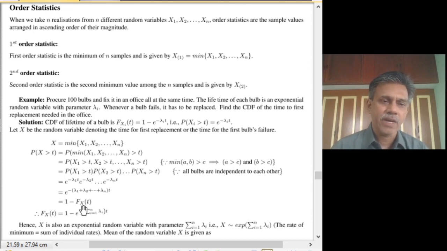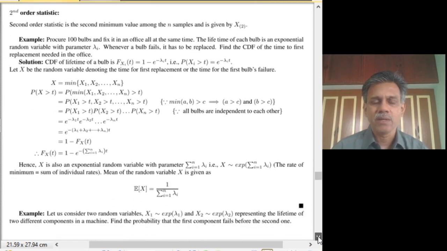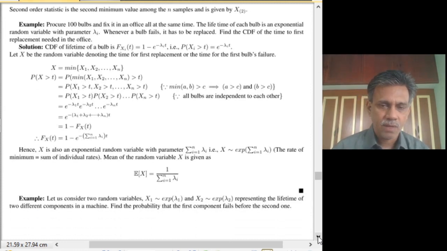So we therefore get Fx of t is 1 minus e power of minus summation of lambda i, i varying from 1 to n, into t. So we find that the minimum is again exponentially distributed, and its parameter is the sum of the parameters of all the comprising random variables, and its expected value for the first replacement to be done is 1 divided by the sum of the lambdas.